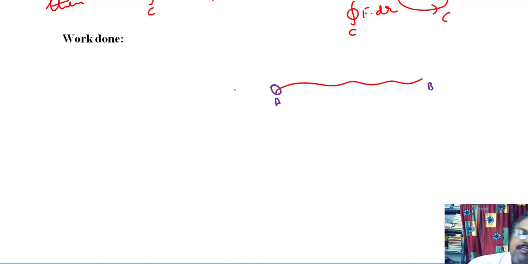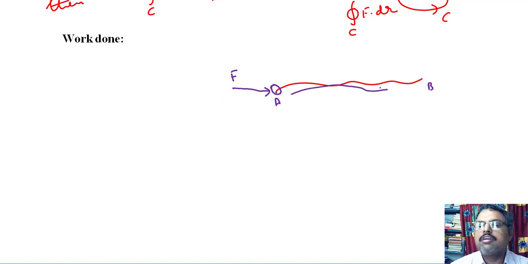If you apply some force, and force is a vector, then what happens? It moves along this curve. If it is a circular curve, it moves along the circular curve only. The particle moves on this curve when a force is applied.